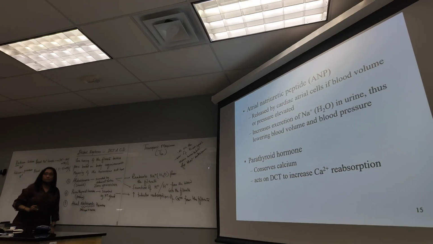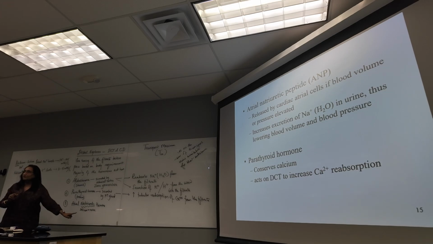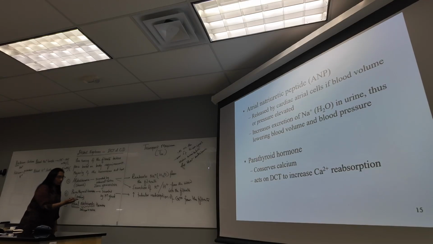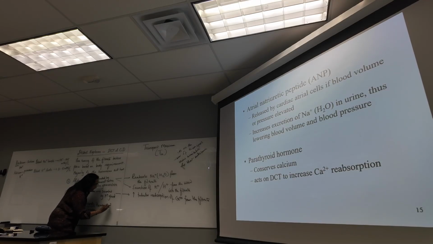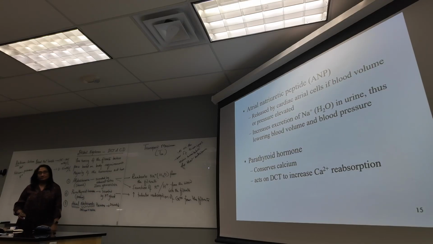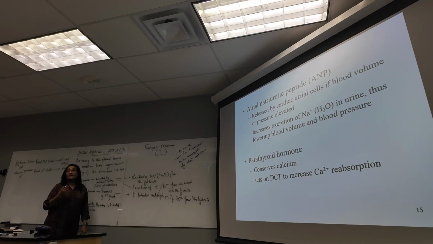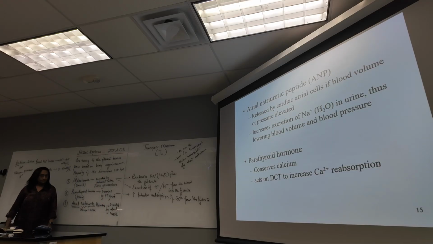So natriuretic hormone, sodium in urine. This is a hormone that will throw out sodium in urine, and atrial comes from where it is secreted: by the atrial cardiac muscle cells, especially the right atrium. So there you go, the heart is also an endocrine organ.